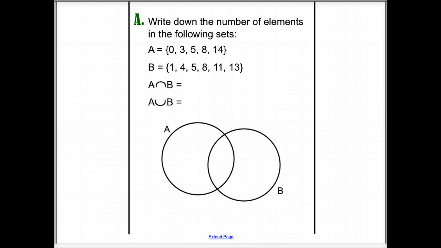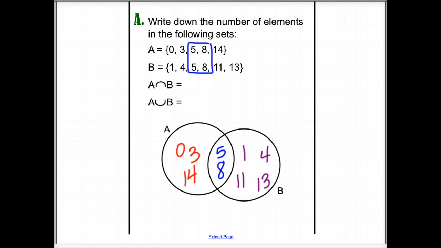I see that both of these have 5 and 8 in common, which means that goes in the overlapping spot. Then the rest of them get put into their own sets. So we have 0, 3, and 14 in A, and over in B we have 1, 4, 11, and 13.